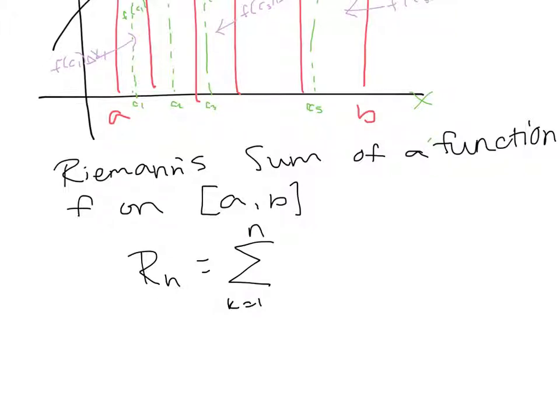So we start at one rectangle and we go up to however many rectangles we had, right? Like in the example we did in class, n was 6, so we'd put a 6 here, of f of c sub k times delta x sub k, okay? And we would add all those together. So Riemann sums are important.